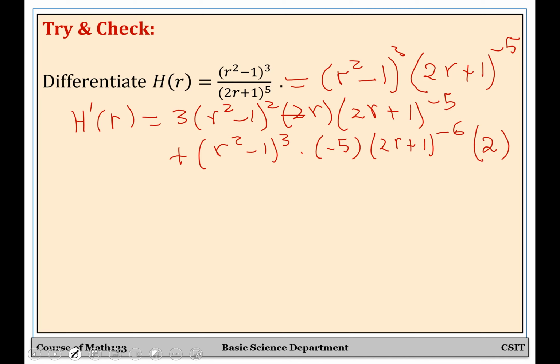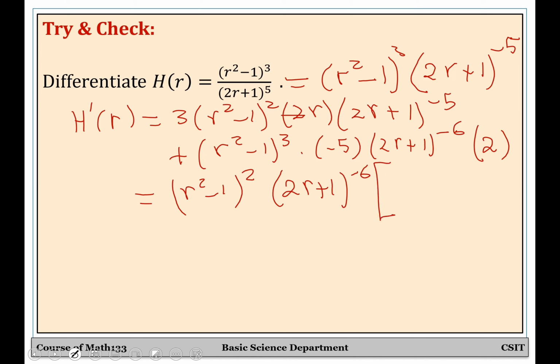Okay, now I will take the common factors and the lowest exponents. So I have 3 and here minus 5 and 2. So no common factor for numbers, but I have (r squared minus 1) power 2. This is one of the common factors. And then between minus 5 for (2r plus 1) and minus 6, I will take the lowest one, which is (2r plus 1) power minus 6.